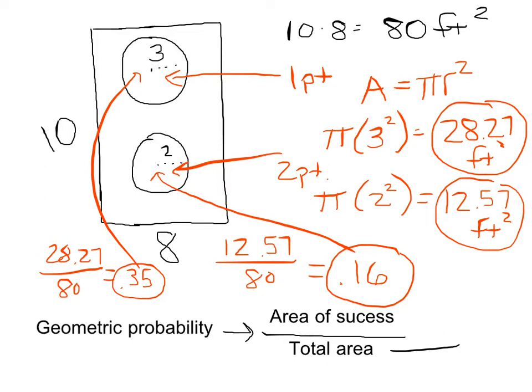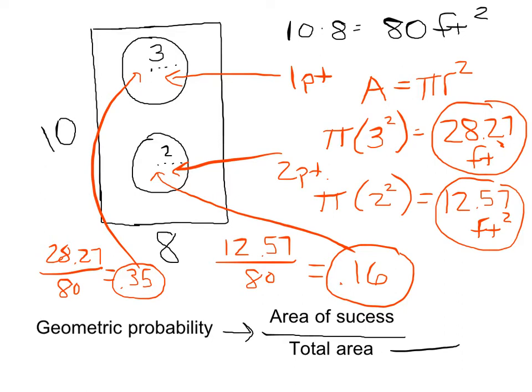If I added these two together, I would get 0.51, which means the probability of not landing in one of those two circles would be 1 minus the 0.51. So the probability that I do not score any points would be 0.49.